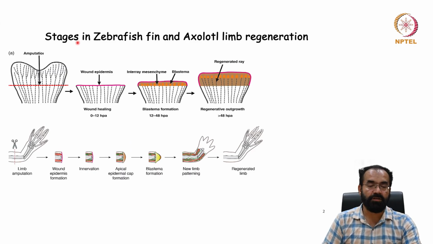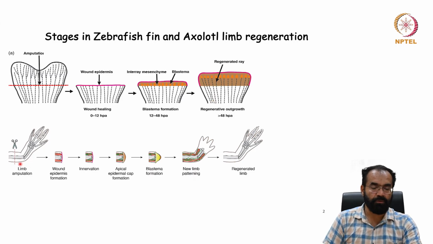In this picture, you are seeing stages in zebrafish fin and axolotl limb regeneration, and you can see this in several textbooks. The procedure is simple. Take a zebrafish fin, amputate it, and you have a wound epidermis, and you will start seeing the blastema formed by around 2 days, and the regenerative outgrowth happens completely.